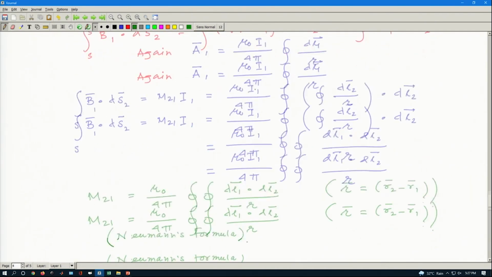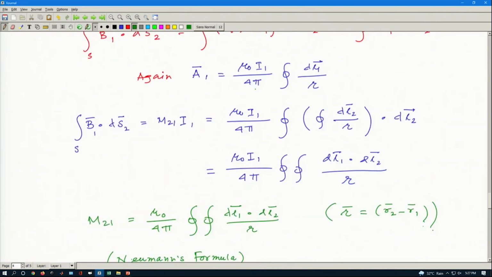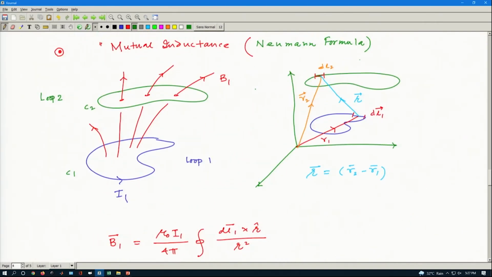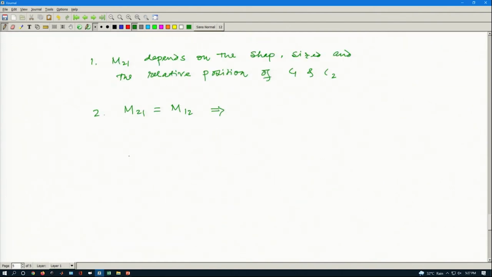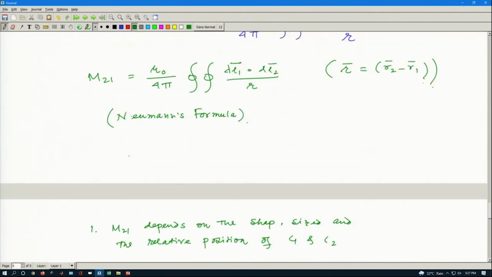If I have a current flowing here, whatever field B it produces, in a similar way the same current flowing here produces a field, and in both cases the value of the mutual inductance is the same. That we find from this expression.